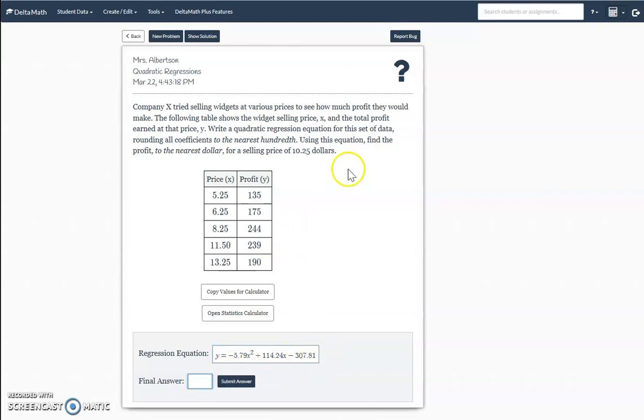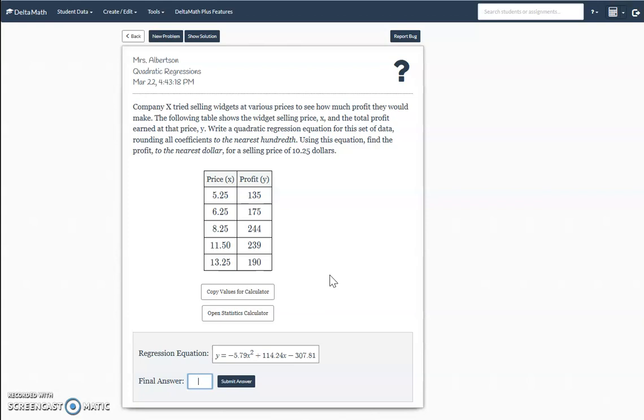All right, so now using this equation, find the profit to the nearest dollar if the selling price is $10.25. So the selling price is the x. So I need to replace x in my equation with 10.25. All right, so grab your calculator and clear this off. All right, so I need negative. So remember the negative is under the 3. So negative 5.79. I like to use parentheses.